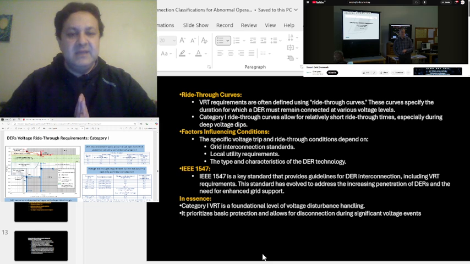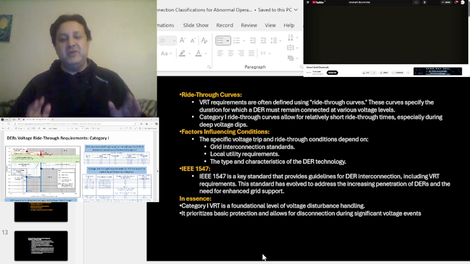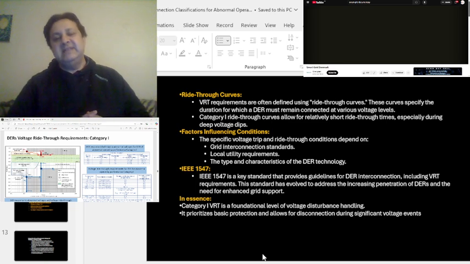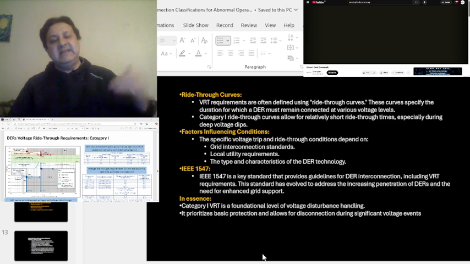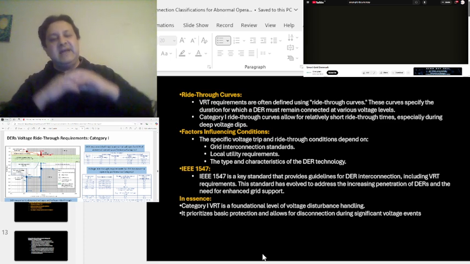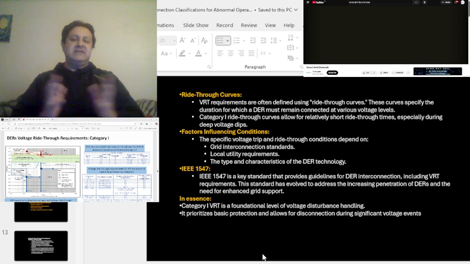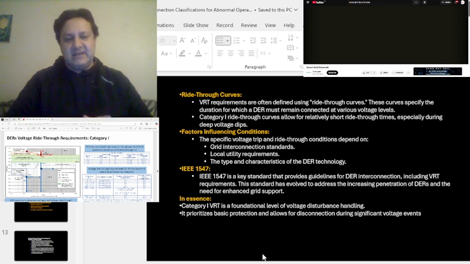the presentation. So the factors that influence conditions, the specific voltage trip and ride through conditions depend on what? Grid interconnection standards, local utility requirements, the characteristics of the DER technology. There are various different characteristics depending upon the DER technologies.